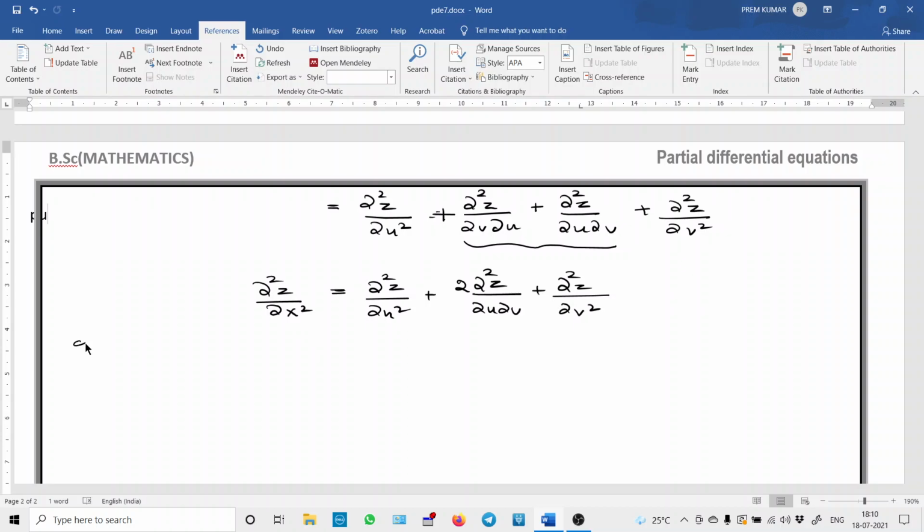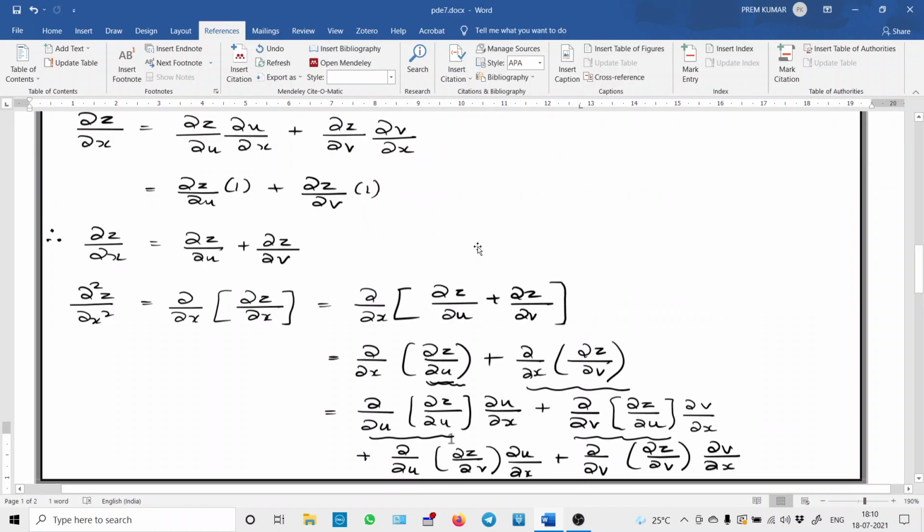And now, what is ∂z/∂y? Same like this, we are going to differentiate with respect to y. You can see here z is a function of u and v, which in turn are functions of x and y. So now we are going to differentiate z with respect to y. ∂z/∂u, then u with respect to y.